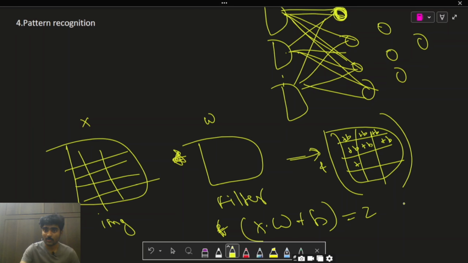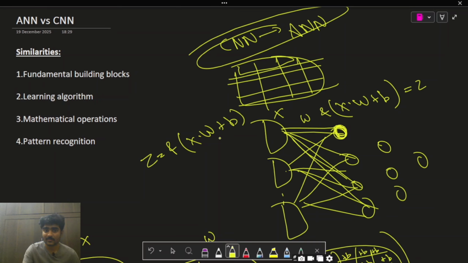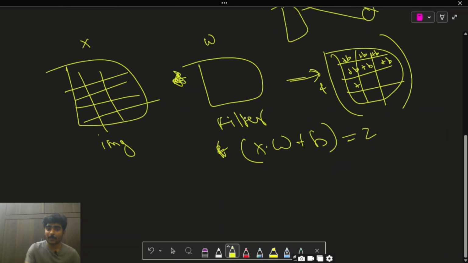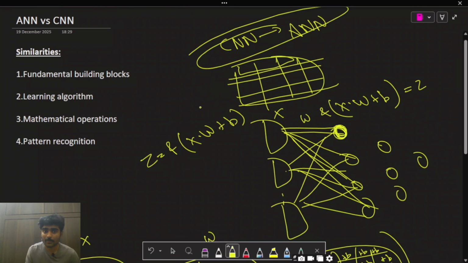Let us simplify further. So z is equal to f of x times w, input times weight, plus bias. With respect to the convolutional neural network, f of x times w plus b is equal to z. You can see these are similar operations.